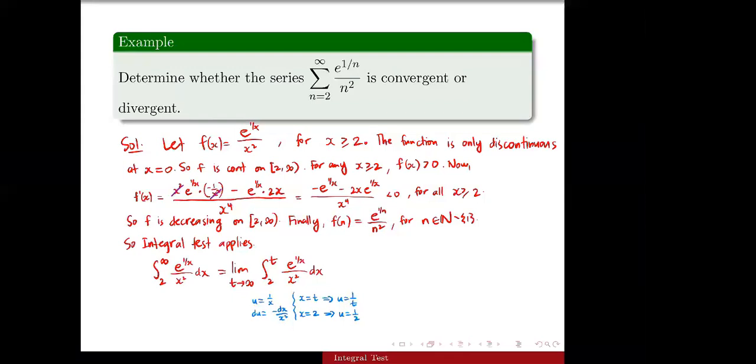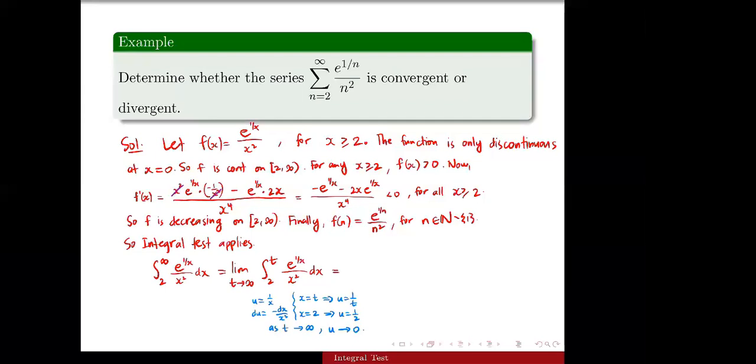And then what else? As t approaches infinity, u will approach 0. Correct? u will approach 0. But we will use this later.